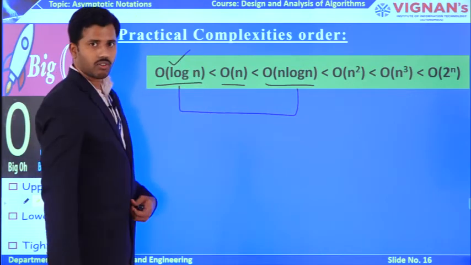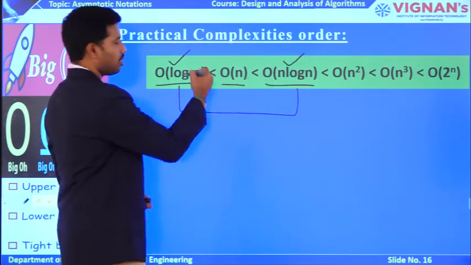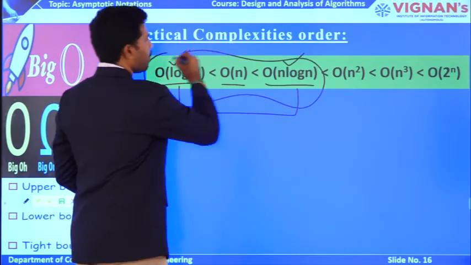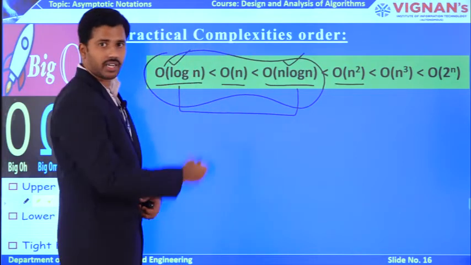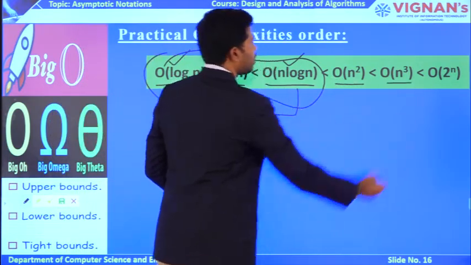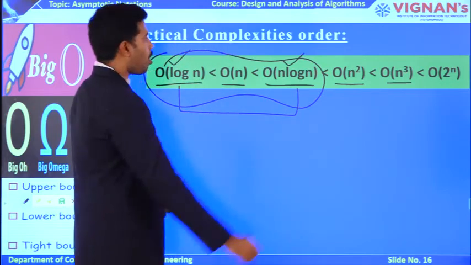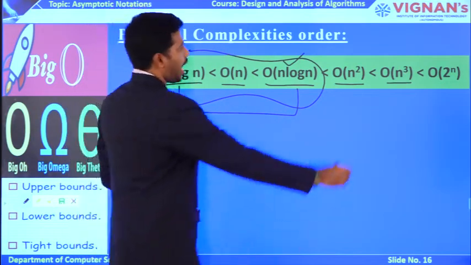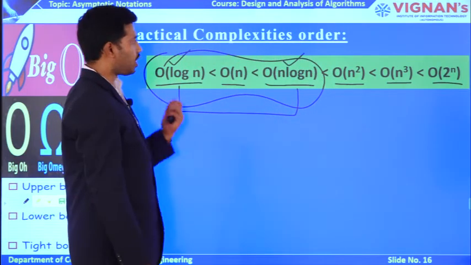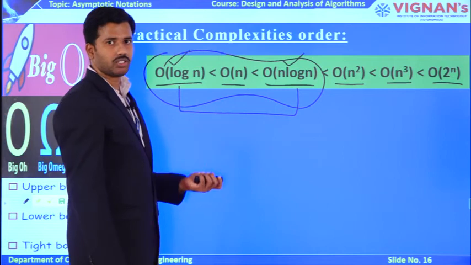Log n only. Why? Because n log n is higher than log n. By comparing these 3 parameters, order of n square is a higher value. So order of n square is lesser than order of n cube. Among all these parameters, the exponential 2 power n is higher than all the remaining parameters. So try to remember these relations.